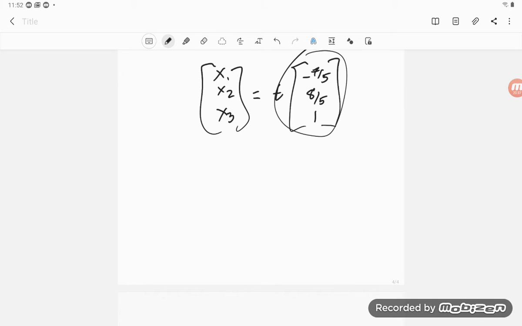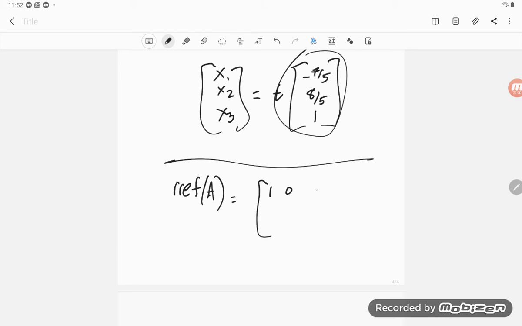Okay, so suppose I started with a 2 by 5 matrix, and my reduced row echelon form of some matrix A ended up being something like 1, 0. Well, actually, let's not make that 0.